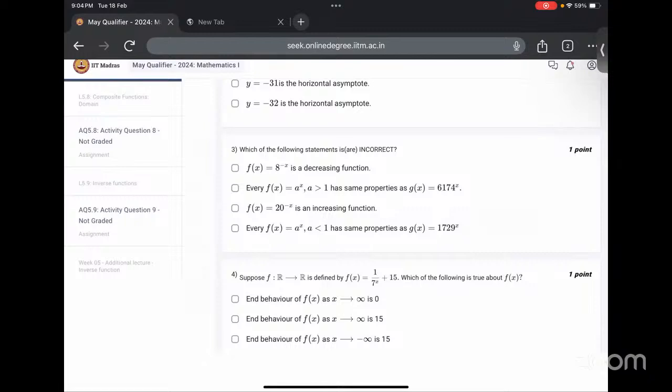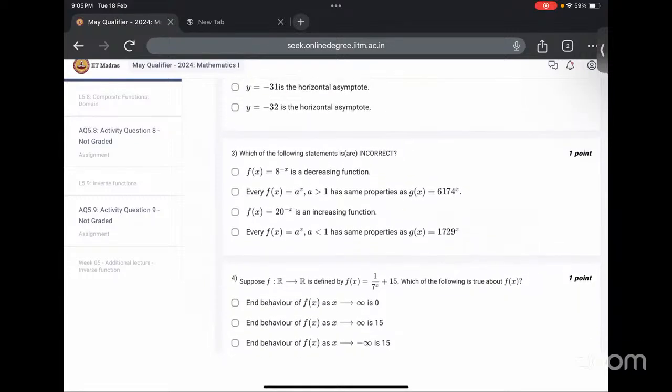And the fourth option: a is less than 1, that means decreasing. It cannot have the same property, that's why it will be an incorrect option.